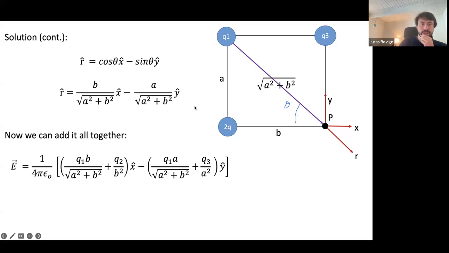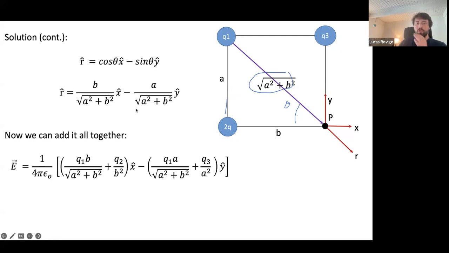And sine theta is the opposite side of the triangle divided by the long side, so a divided by this term R. Now we have everything expressed in Cartesian coordinates.